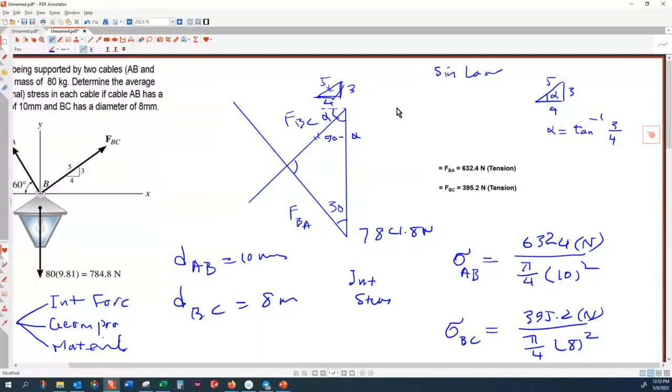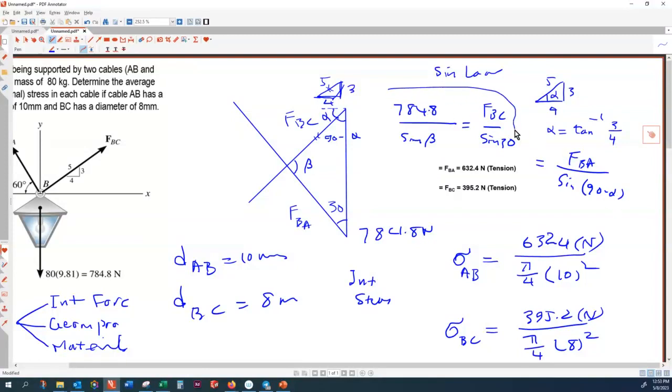And then applying the sine law, that is 784.8 divided by sine beta, which is equal to FBC divided by sine 30, and that is equal to FBA divided by sine of 90 minus alpha. First you solve that equation. The only unknown is FBC. That gives you FBC, and then you solve with this one, and that gives you FBA.